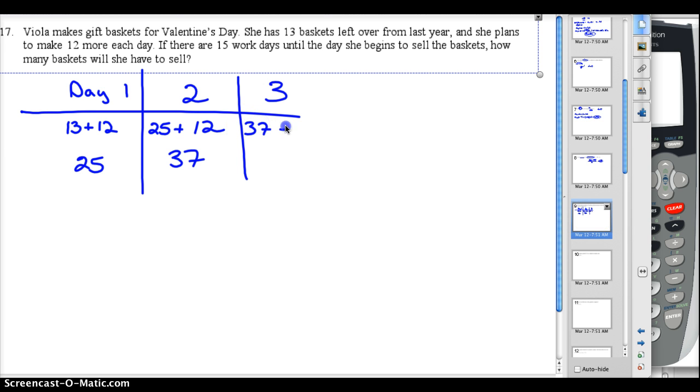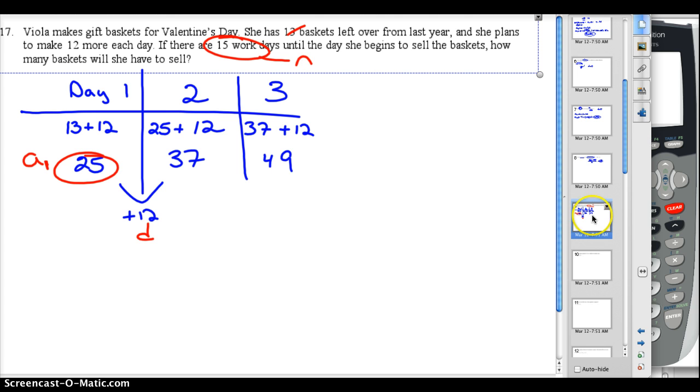So if we look at what's happening here, taking our 37 plus 12, we're really increasing here by 12 baskets every time. So that's going to be our D. Our A1 is actually 25. It's not 13 because at the end of the first day she has 25 baskets. And she wants to proceed with this for a total of 15 days.